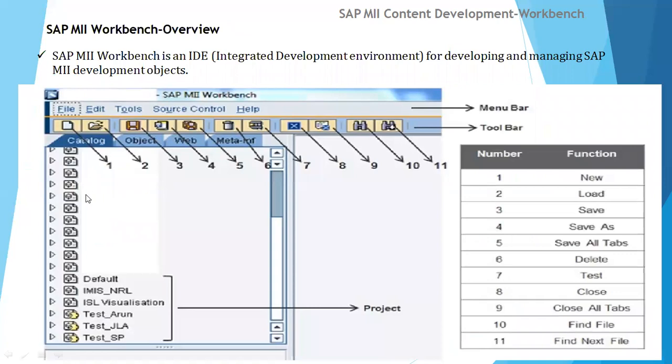So whatever object you are creating has been categorized into the 4 categories, and each category has a specific name. The first one is the catalog. There are some objects that can be created only in a catalog, like your transactions, SQL queries, and display templates.